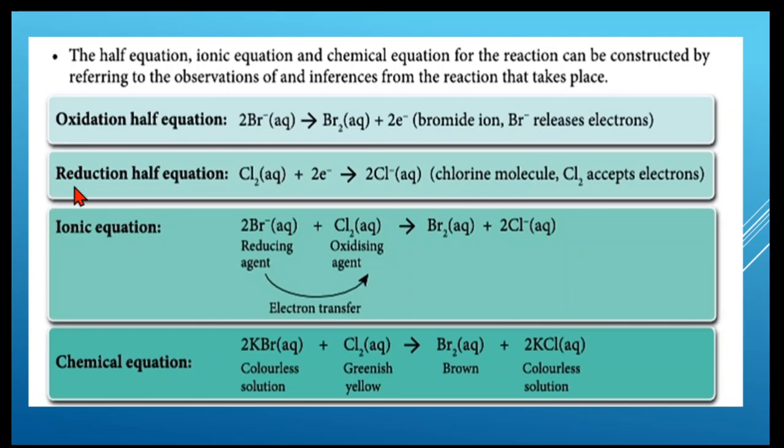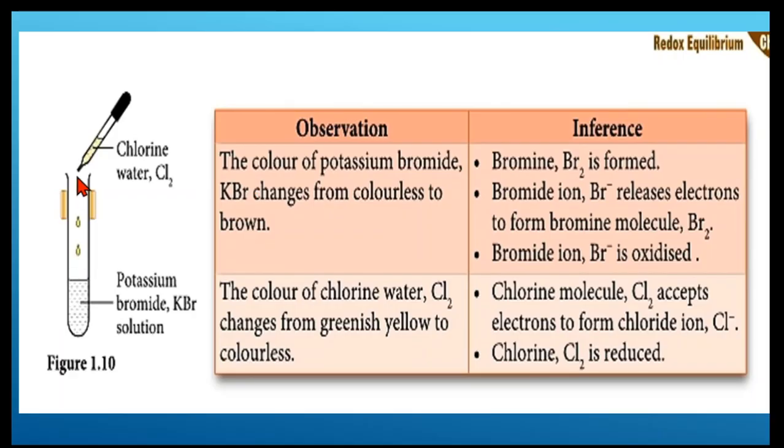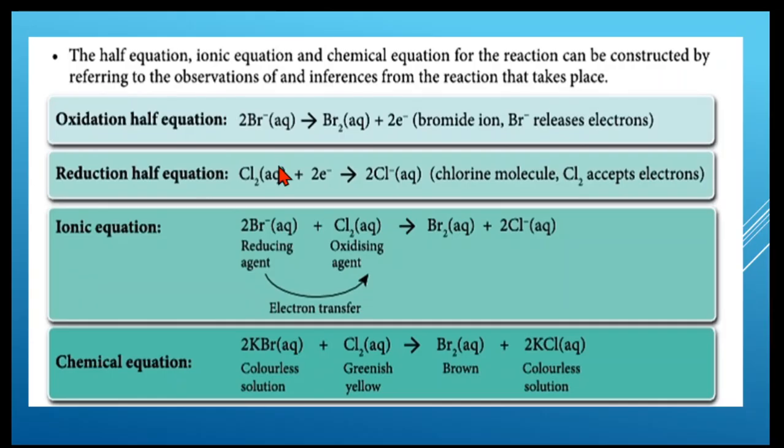Okay. Kemudian reduction pula. Chlorine tadi, chlorine yang kita add di sini. Di sini chlorine kita add, warna dia greenish yellow. We add, dia akan receive the electron yang released by the bromide. Okay. So bila dia accept the electron, dia mengalami reduction lah.